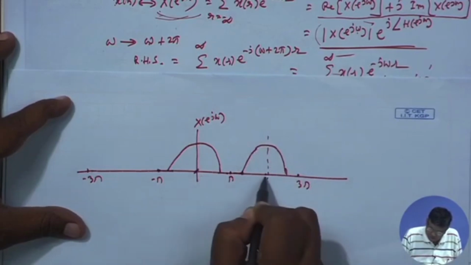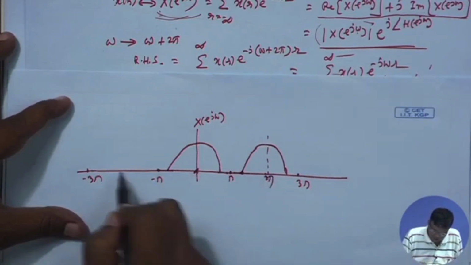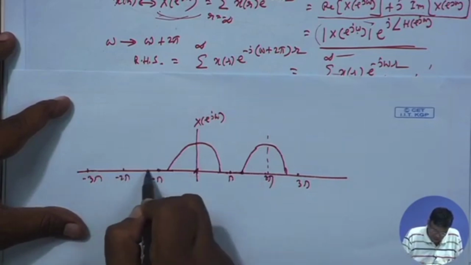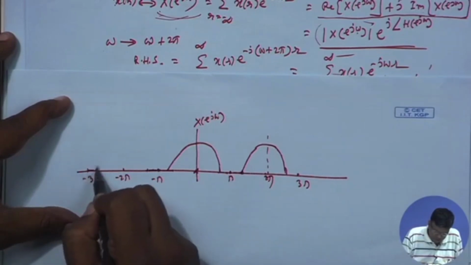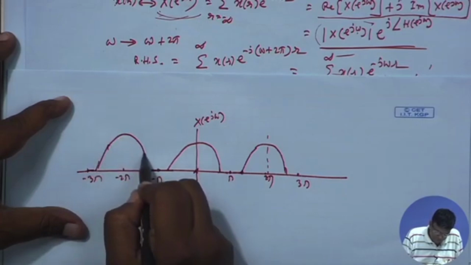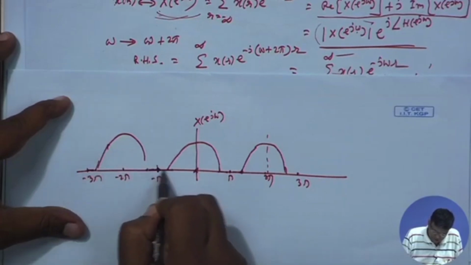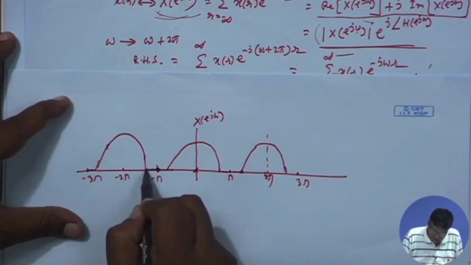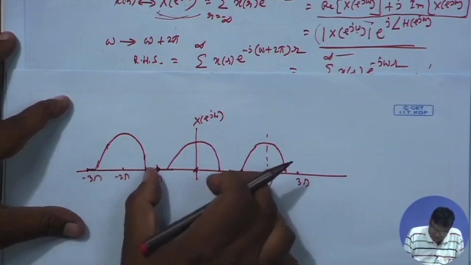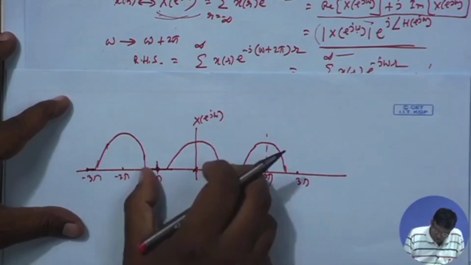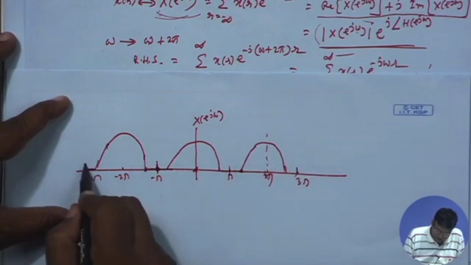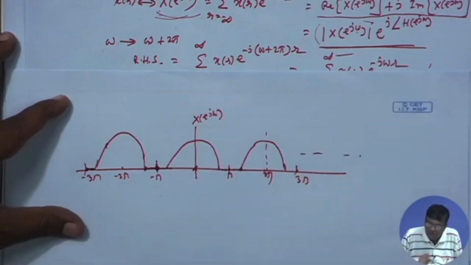Here it was 0, so next center frequency will be 2 pi, here it was 0, next center frequency will be minus 2 pi. So, there is a gap, because of this gap and this gap. So, on this side also this gap. The same thing from minus pi to pi, that gets repeated here like that. So, it will be like this, continue.